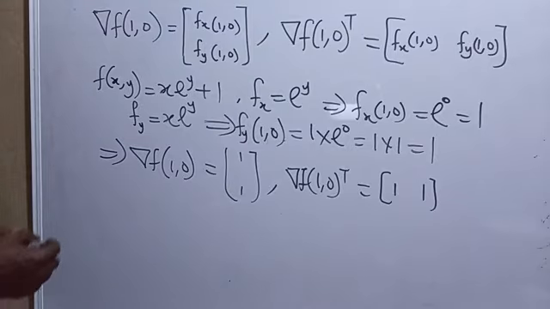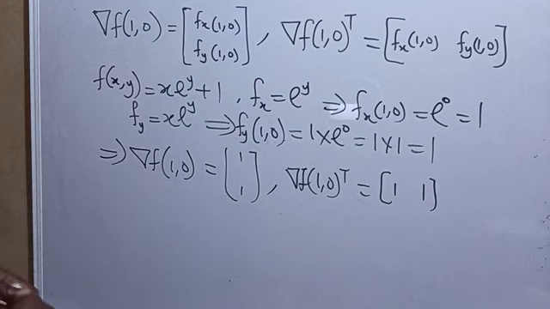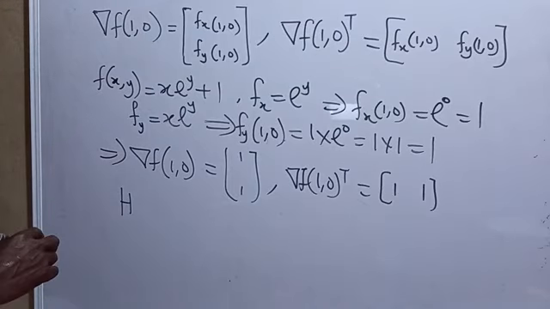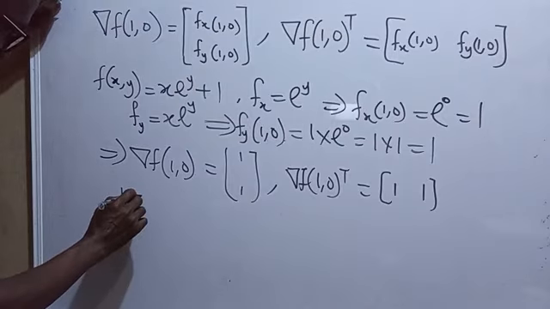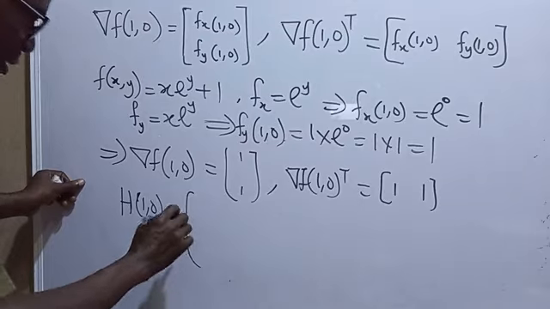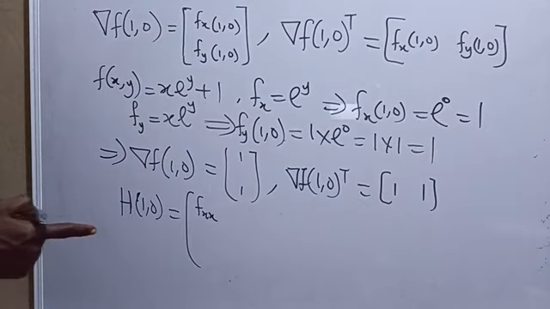Now, from our formula, I think I've cleaned the formula, then at least we should be able to remember it all fine. Now we actually have to deal with our Hessian matrix as well. So our Hessian matrix, H of 1 comma 0, we said it is f_xx, that is second. Hessian matrix is used in second order derivatives.